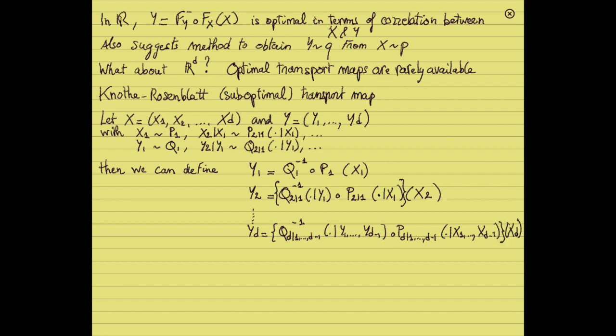And so this way we define the vector y as a deterministic function of the vector x. And conceptually this can be done in a lot of cases again. In fact, you can also note that T is a triangular map, so evaluating its determinant might not be too complicated.